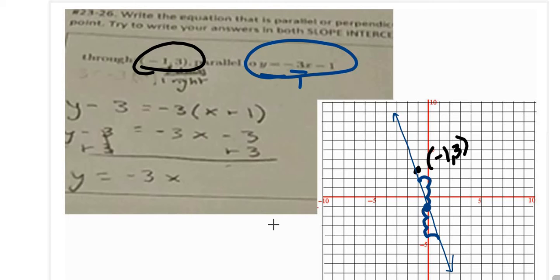All right, now we want it parallel, which means the same slope.